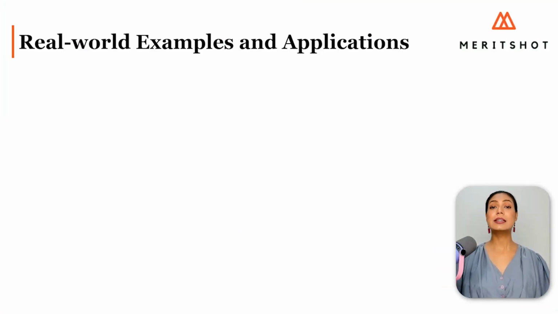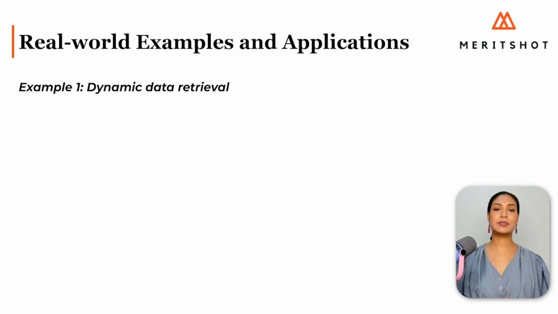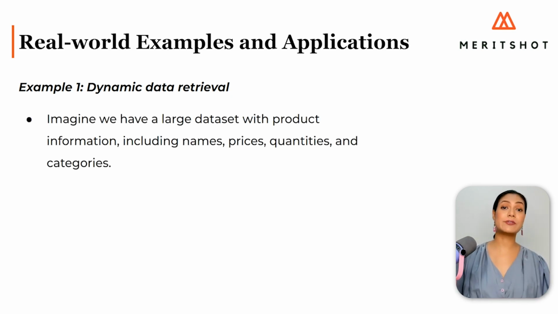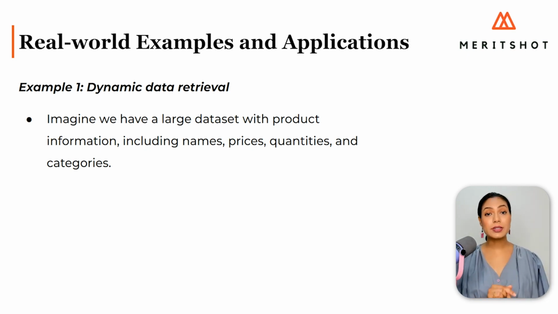By combining INDEX and MATCH, we can perform a lookup based on any column and thus retrieve the corresponding values accurately. Now that we have a solid understanding of INDEX and MATCH, let us explore some real-world examples and applications to showcase their power and versatility. Example 1. Dynamic data retrieval. Imagine we have a large data set with product information, including names, prices, quantities, and categories.